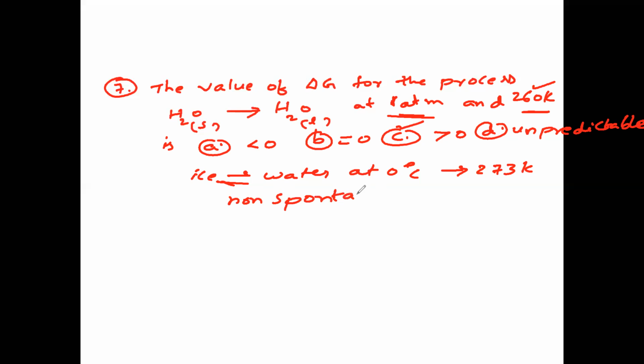Ice can change into water only at 273 kelvins, and below that temperature it is non-spontaneous. So the answer is C; for non-spontaneous, delta G is greater than 0. Like this, concept-based questions you may expect in entrance exams. I hope it is clear.